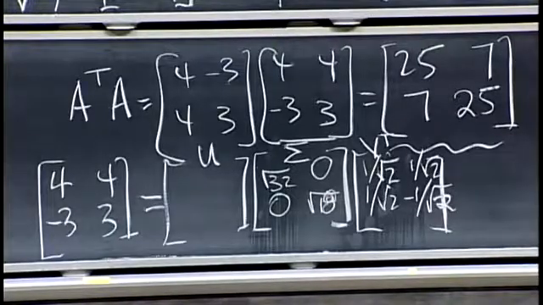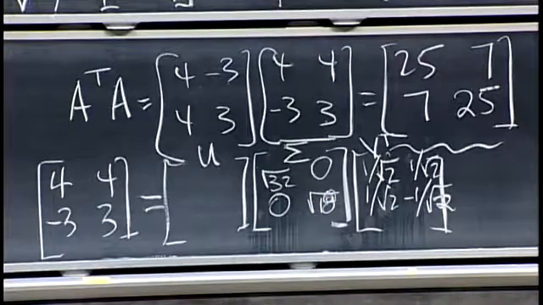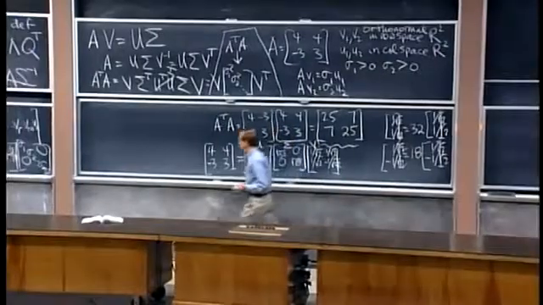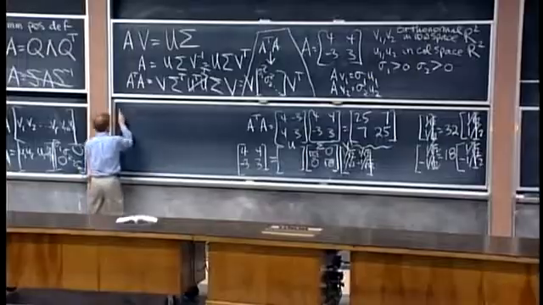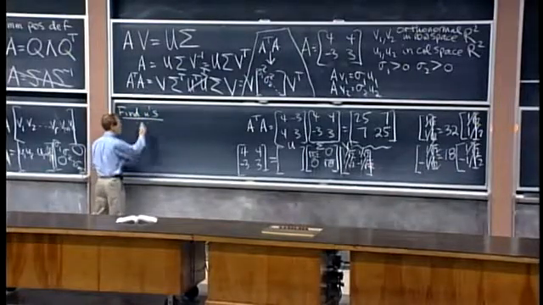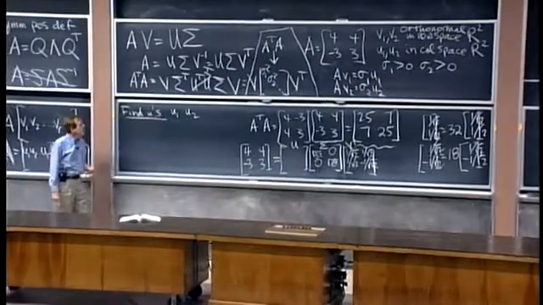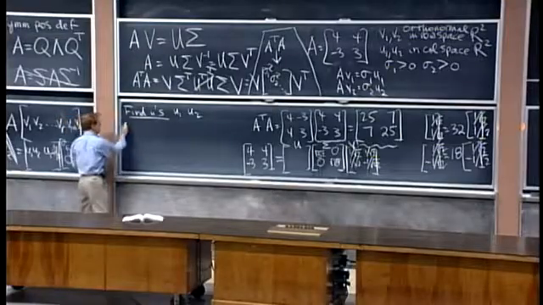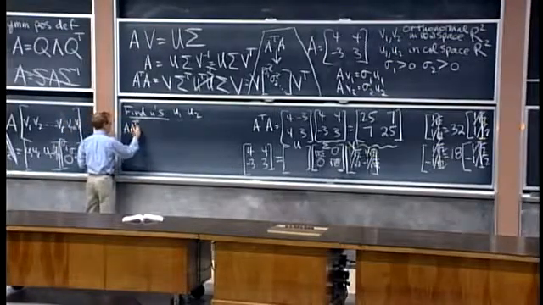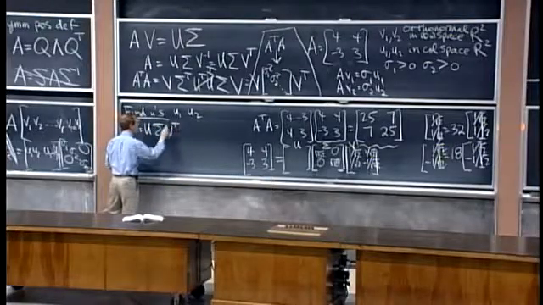Now, finally, I've got to know the U's. Well, actually, one way to do, since I now know all the other pieces, I could put those together and figure out what the U's are. But let me do it the AA transpose way. Okay, find the U's now. U1 and U2. And what are they? I look at AA transpose. So A is supposed to be U sigma V transpose.